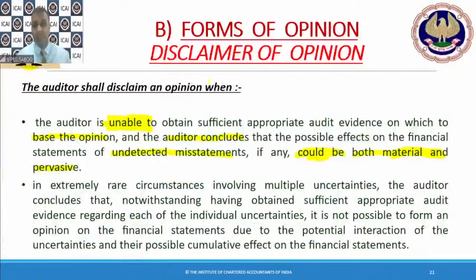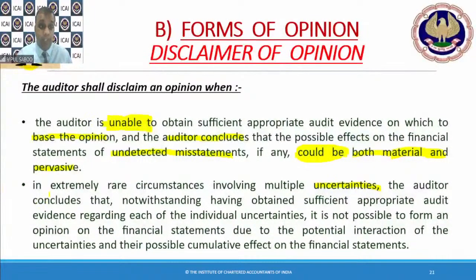You'll get it. So the important part is could be. In extremely rare circumstances involving multiple uncertainties, the auditor concludes. So there are 2 cases. The auditor is unable to obtain sufficient appropriate audit evidence, and he finds that there could be both materiality and pervasiveness.